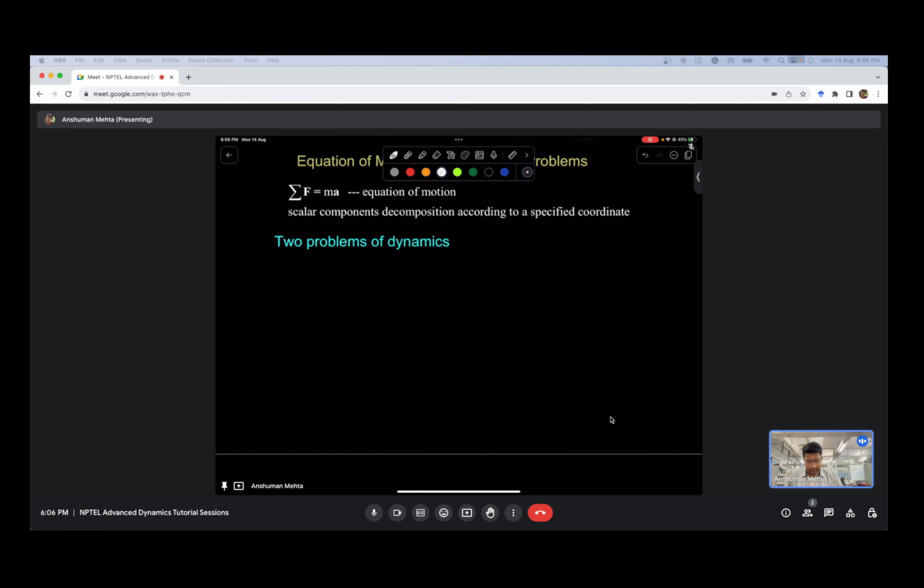types of problems in dynamics. Type 1 is where kinematic conditions are defined or specified, and we have to find forces.